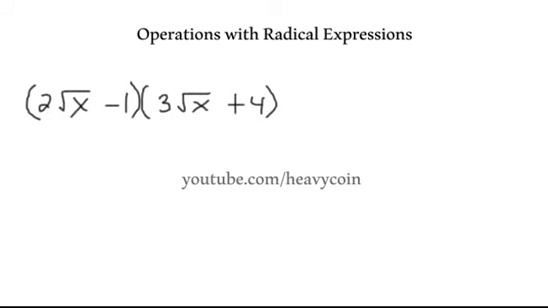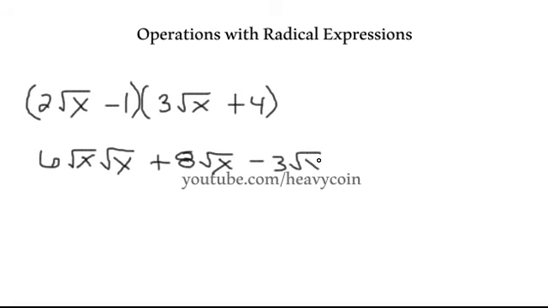So it'd be 2 times square root of x times 3 times the square root of x. So that'd be 2 times 3 is 6. And we would have the square root of x times the square root of x, and then 2 times square root of x times 4 there, so that becomes 8 square roots of x, and then negative 1 times 3 square roots of x, so that becomes negative 3 square roots of x, and then negative 1 times 4 is negative 4.